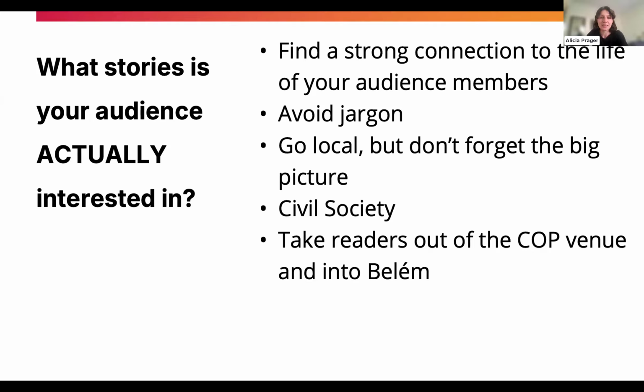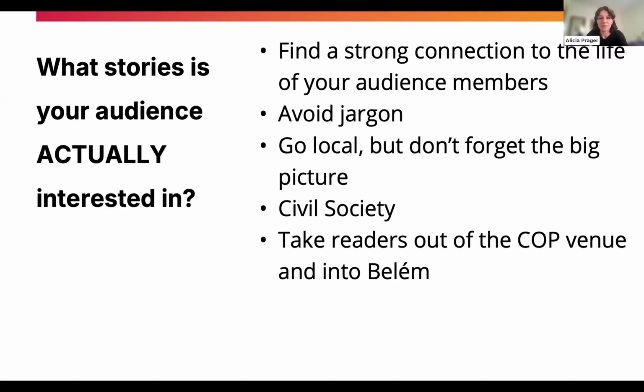So my biggest takeaway for choosing a story and an angle, and that sounds super logical, but it's so easy to miss, because once you enter COP world, everything that happens there seems super, super important. But it's crucial to always connect your stories to your readers at home.